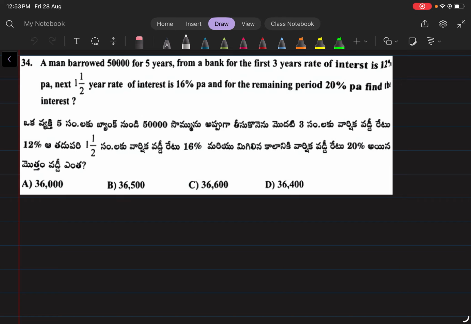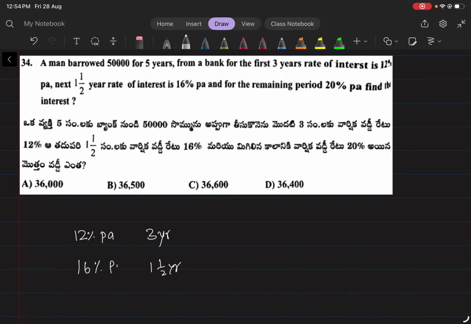For the first 3 years, the rate of interest is 12% per annum. Then for the next 1.5 years, the rate of interest is 16% per annum.